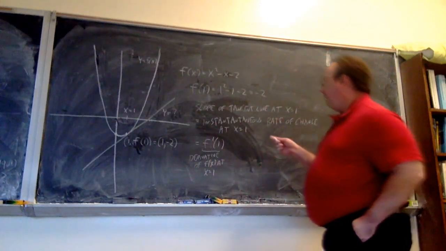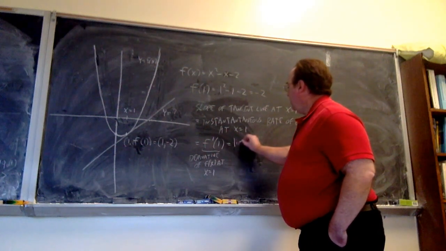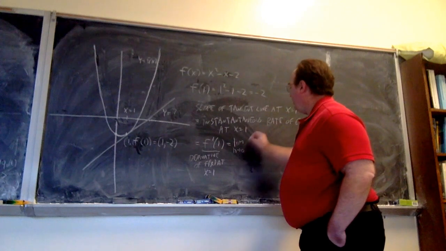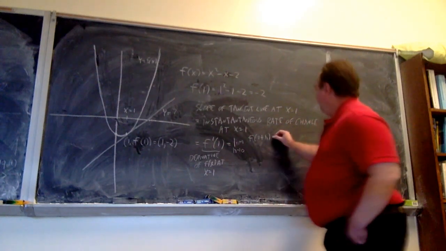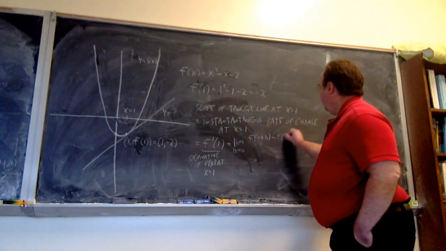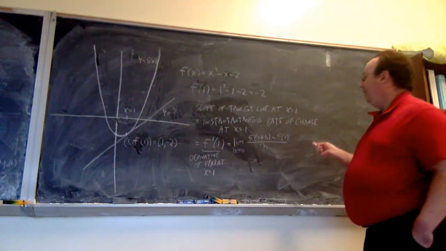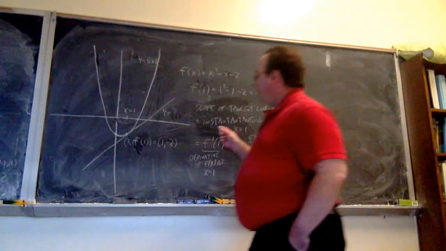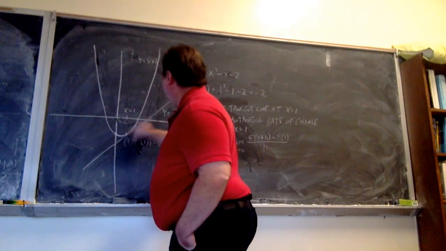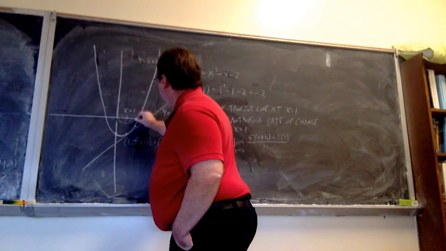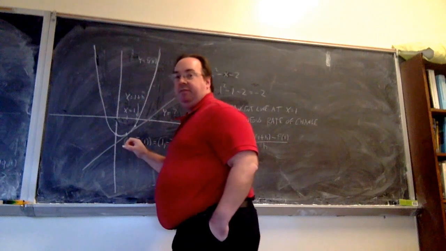Now, to obtain the derivative, we take the limit as h approaches 0 of f of 1 plus h minus f of 1, all over h. And that comes from, if we were to choose any point, so here we have x equals 1, and here we have x is equal to 1 plus h.